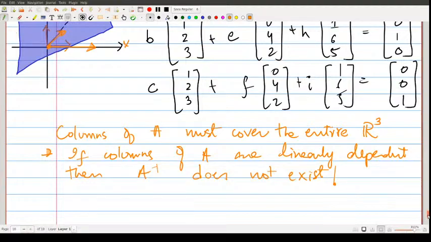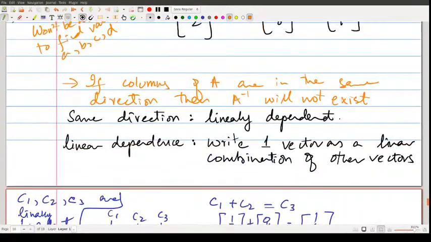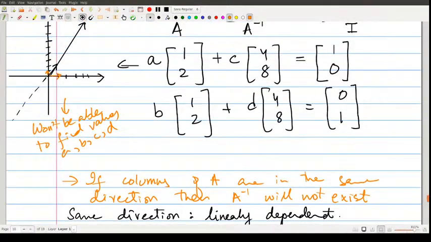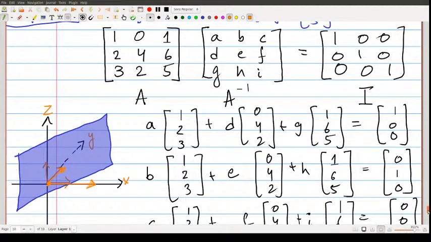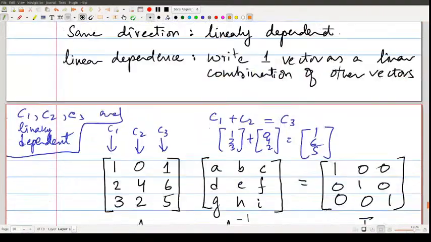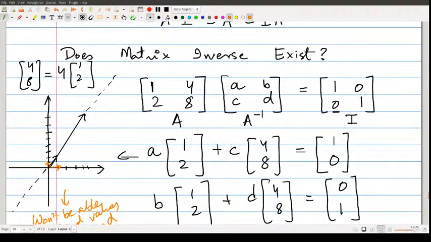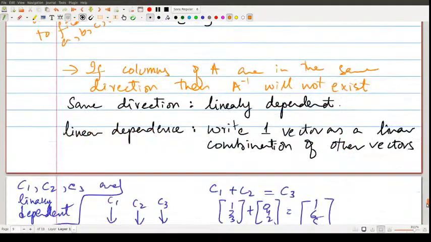That's the important fact. Now here's something you would want to think about. If I view them as columns, then these are linearly dependent, because 4 times 1, 2 gives me 4, 8.